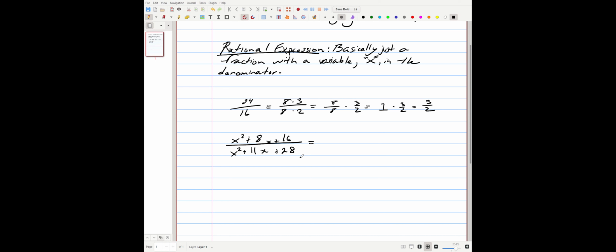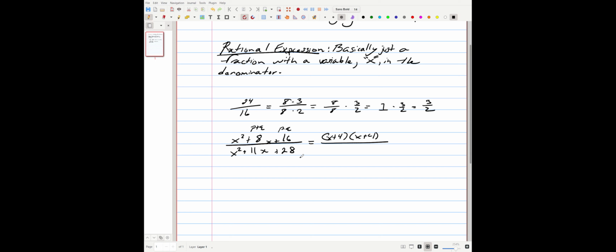It doesn't really matter which order you do it in, but that's the order we're going to do it in. And so we're looking for P and Q that multiply to 16, but P plus Q that adds to 8. Well, 4 times 4 is 16, and 4 plus 4 is 8, so that's what P and Q are going to be. And since there's a 1 in front of the x squared term, we know that it's just going to factor down into x plus 4 times x plus 4.